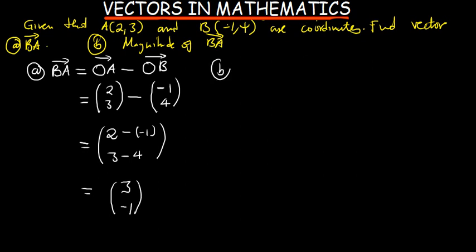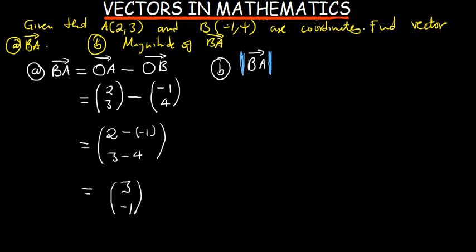Now the second one is asking us to find the magnitude of BA. At times you are going to see it given as BA written between two lines like this. It also means magnitude. It's the same thing. So if you see they've given you something between these lines, or they've just said magnitude, it is the same thing.